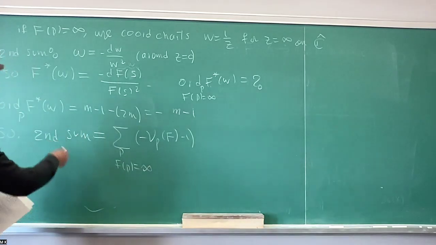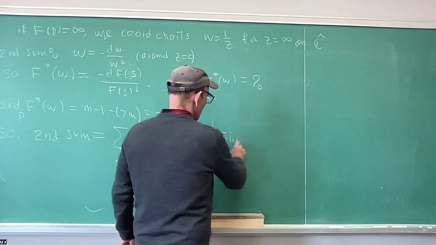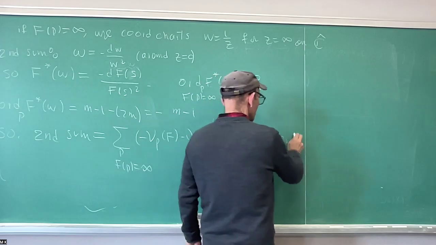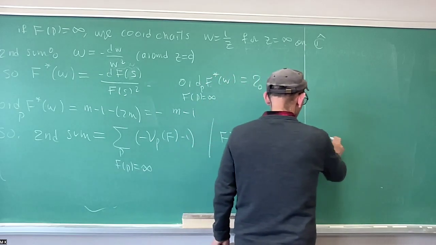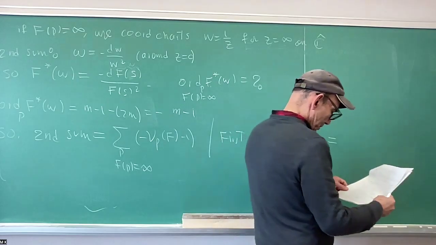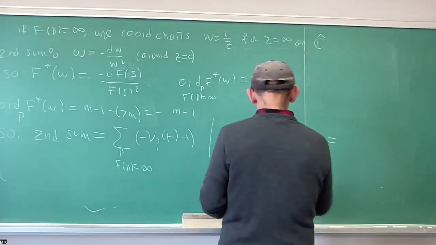So now if you add the two things, first sum plus second sum, gives you the number, basically let me write it, the sum.